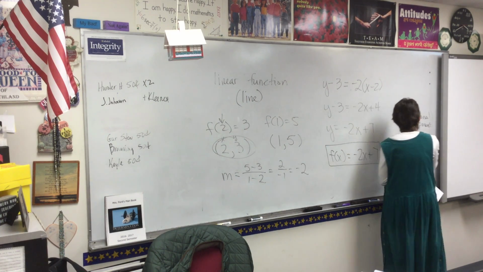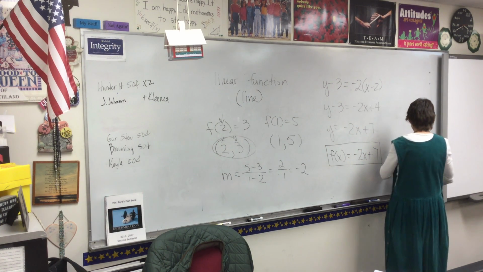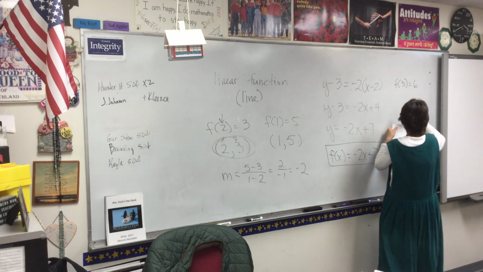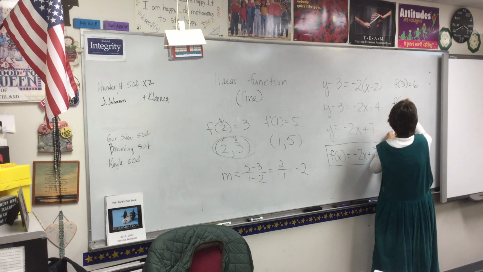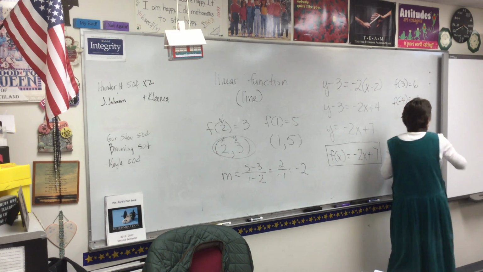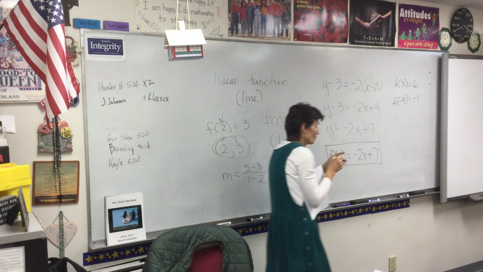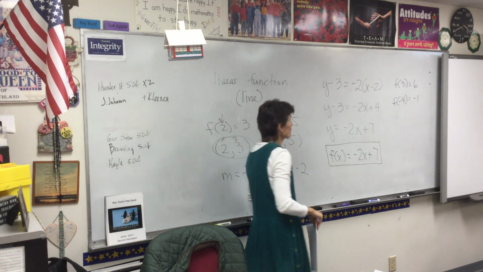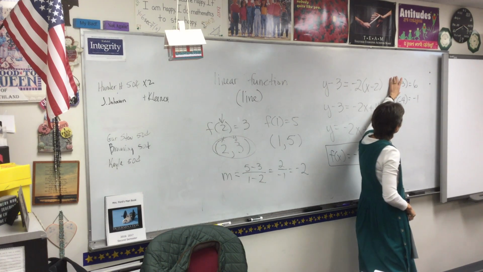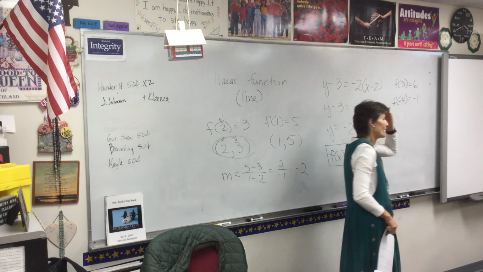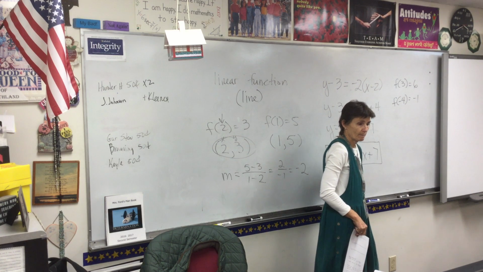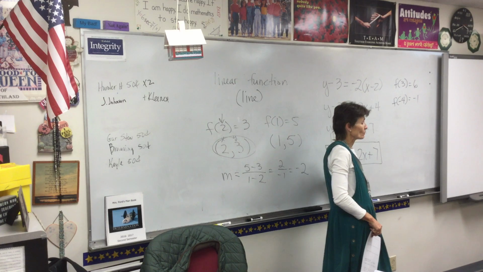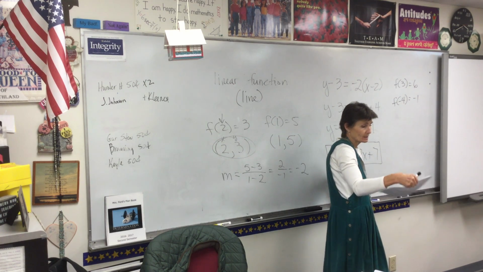Now, the actual note sheet that you have gives you one more example of that. It says do the same thing if f of 3 is 6 and f of -4 is -1. So the directions say write the equation of the linear function where f of 3 is 6 and f of -4 is -1. Okay? This is actually on your new notes now. This is the first problem at the very top.